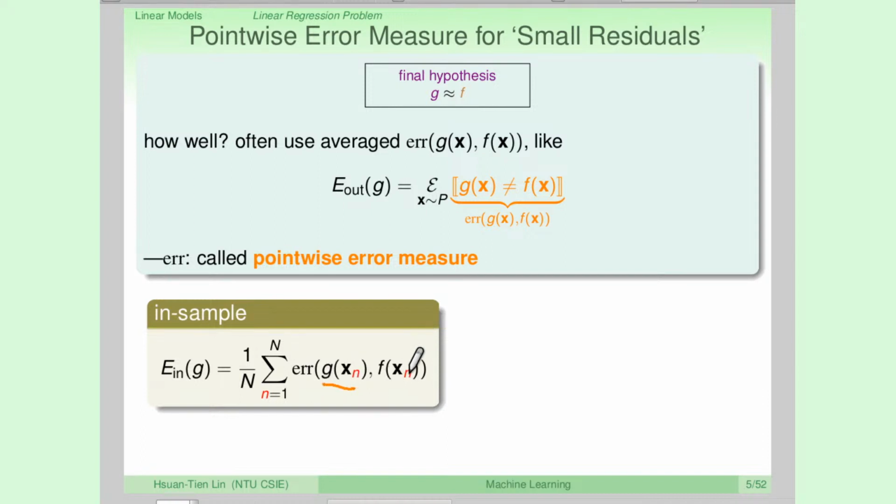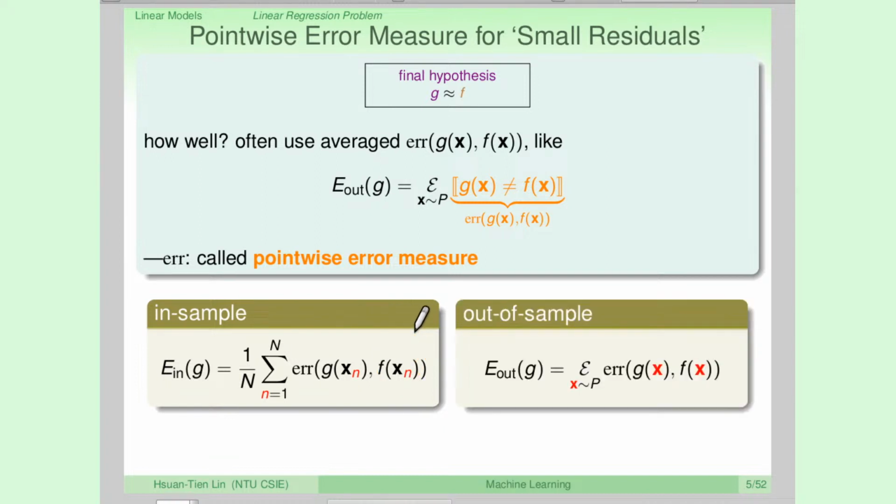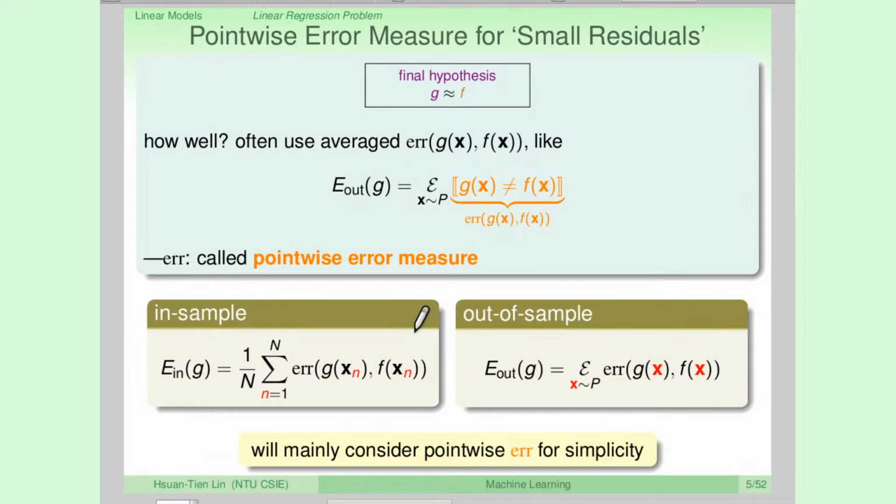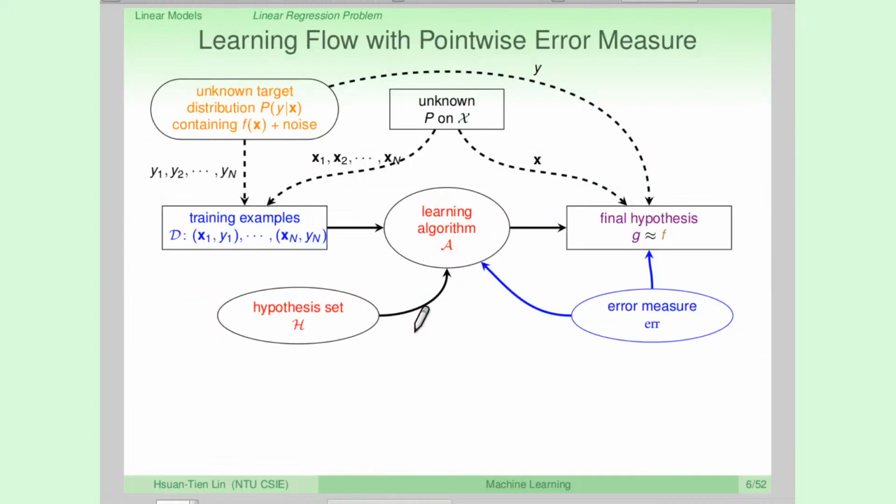That's the prediction, that's our desired label, or more generally, yn here. And when things are out of sample, we average them over the distribution. So we can extend the E in, the E out that we have seen to arbitrary ERR, not just the original one that we considered. And we will mainly consider pointwise error functions for simplicity throughout this whole class.